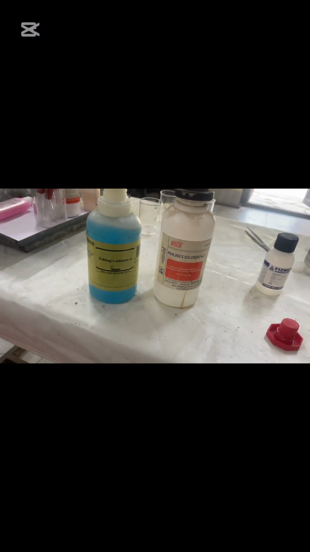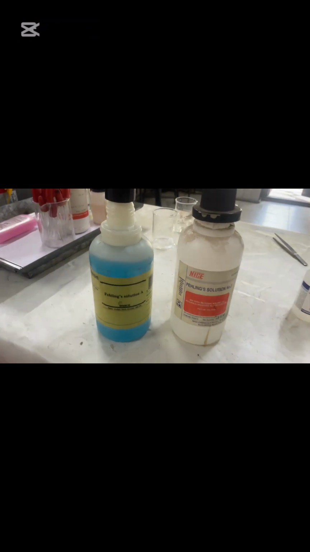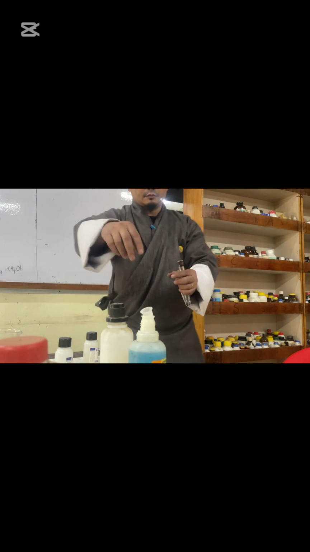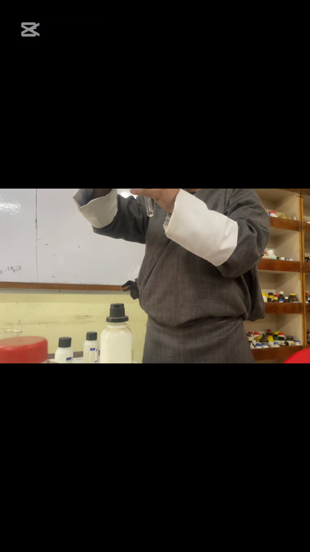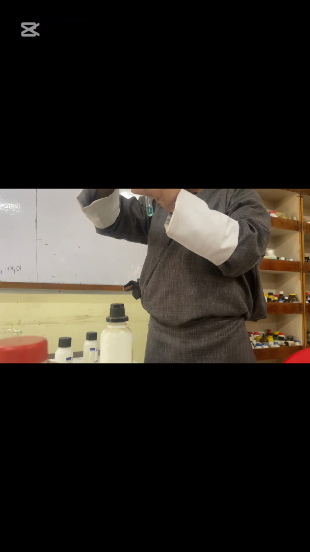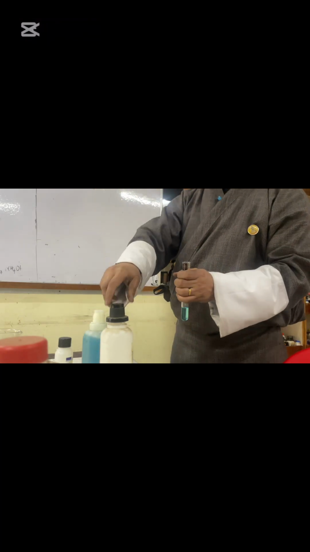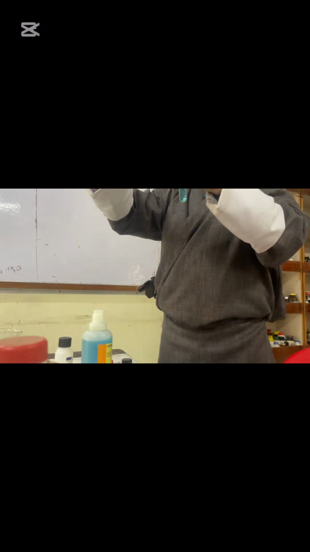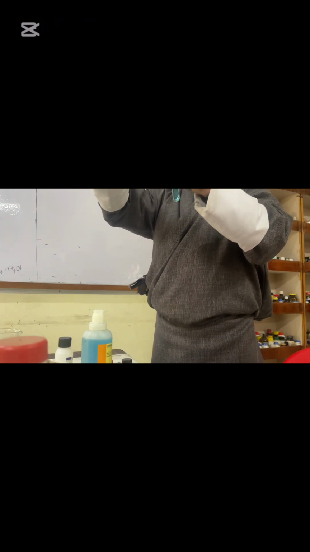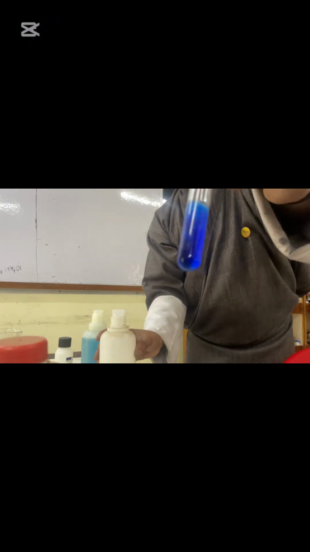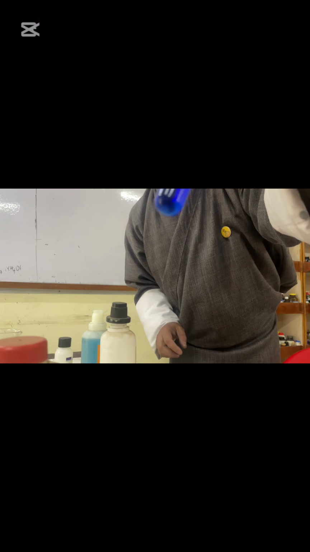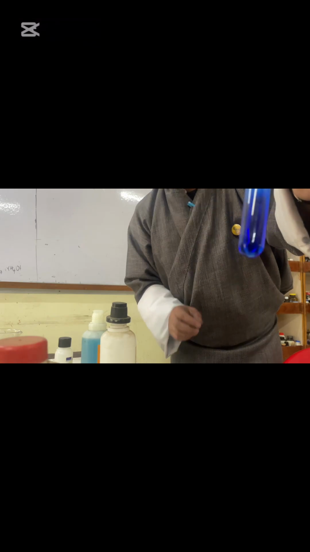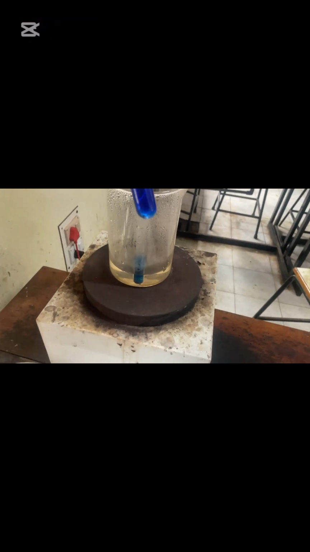So I'm going to add this Fehling solution 1 and 2. After adding Fehling solution 1 and 2, you have this blue precipitate formed, and then into this hot water bath.